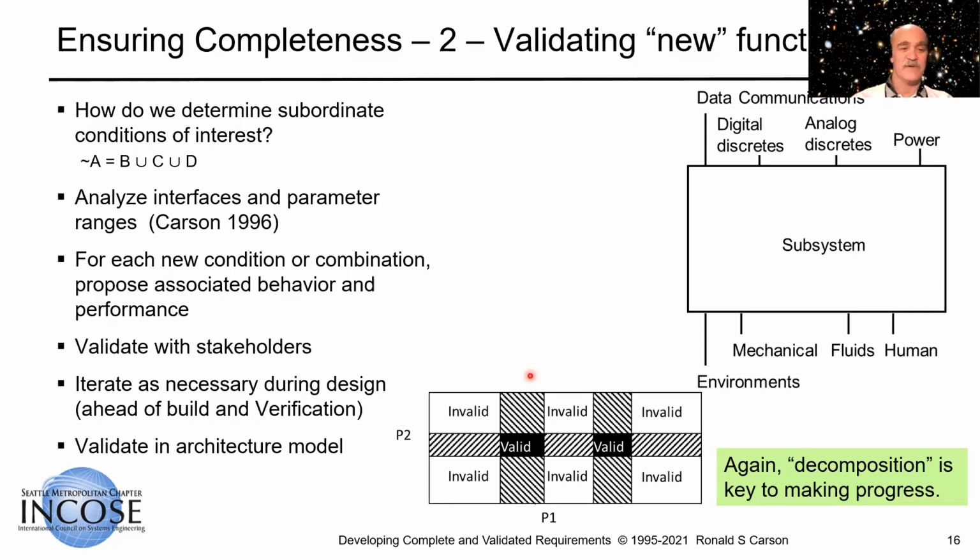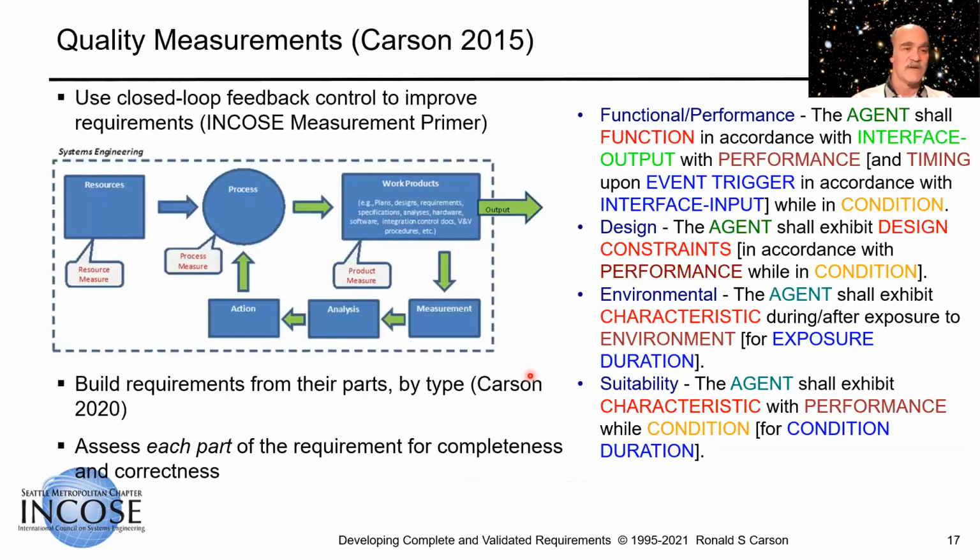So again, we're using decomposition of the condition statements on the various parameters to make progress in defining the system behavior. Once we have the elements of a system, then we can start measuring whether they're correct and complete. So we applied this concept of closed loop feedback control, and this is a graphic out of the INCOSE measurement primer from 2010.